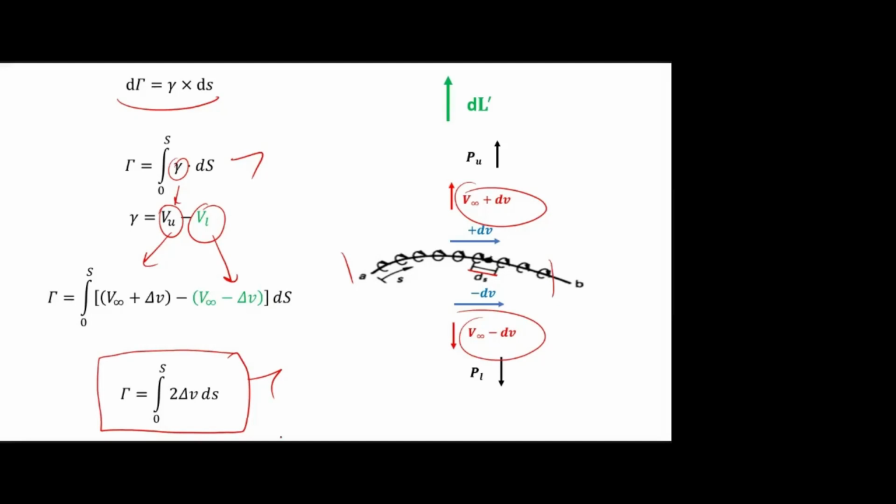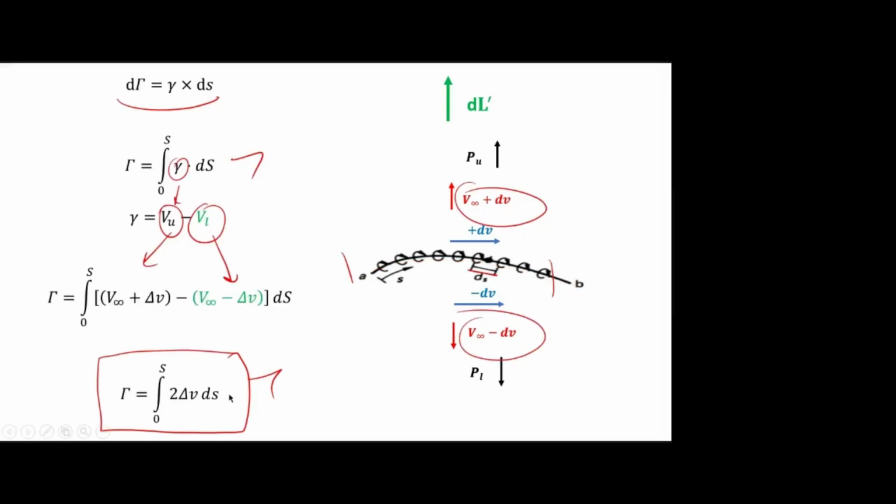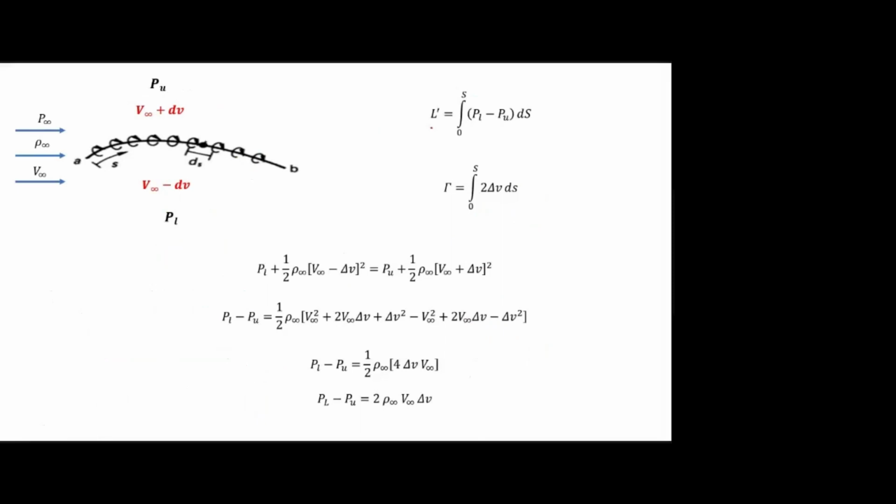Yes, sir. So now I have two equations: the lift equation in terms of pressure, and the circulation equation in terms of velocity. I have to equate these two equations so that I can compare lift with circulation. But here it is in terms of pressure, here it is in terms of velocity. We know one basic equation which relates pressure and velocity, that is Bernoulli's equation, P plus half rho V squared is equal to constant.